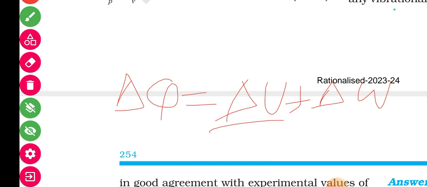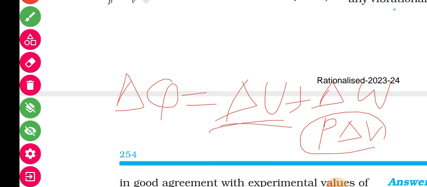The work done is P delta V. For a gas at constant volume, this work done will be zero, because the volume is fixed. So all the energy will be used in raising the internal energy, the temperature.